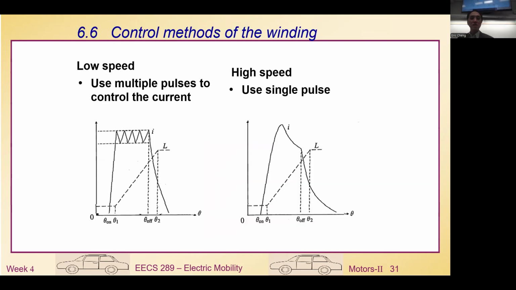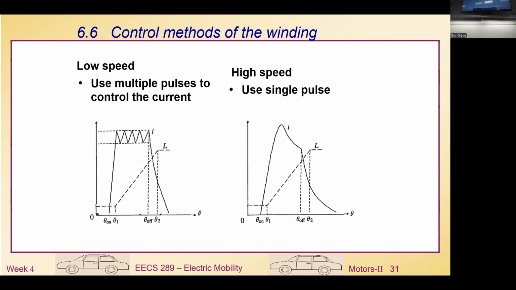So here is the motoring. The rate of change of inductance, this slope, relates to the motoring, and the torque is also proportional to the current squared. So the current is here. Then how do we control the current to be constant, because we want a certain amount of current for a certain amount of torque?